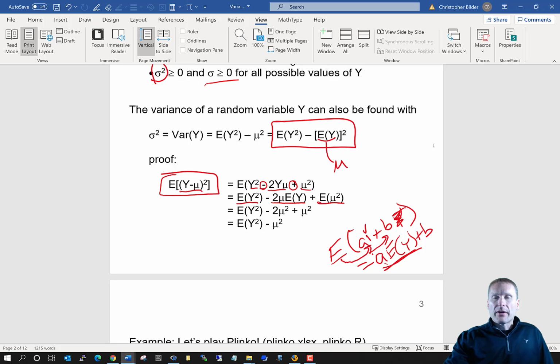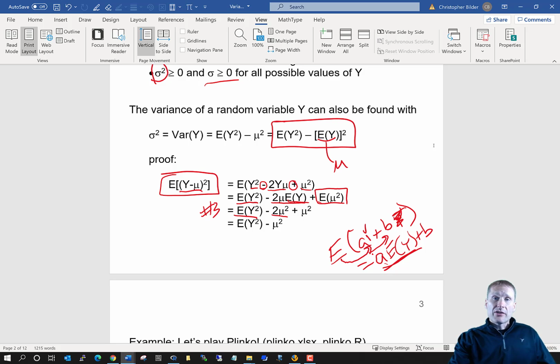And we have the expected value of mu squared. So in step 3 here, we have the expected value of y squared again. And the expected value of y, of course, is just mu. So I have mu times mu, or mu squared. I get 2 of them, because I have that 2 out in front. And then the expected value of mu squared itself: remember, mu is an expected value, so it's a constant.